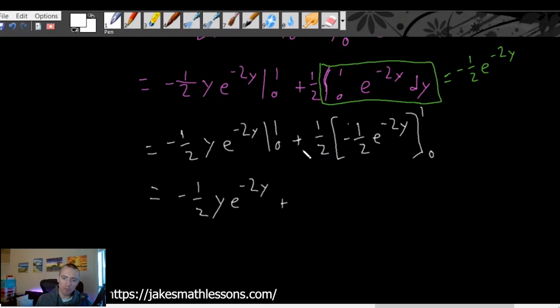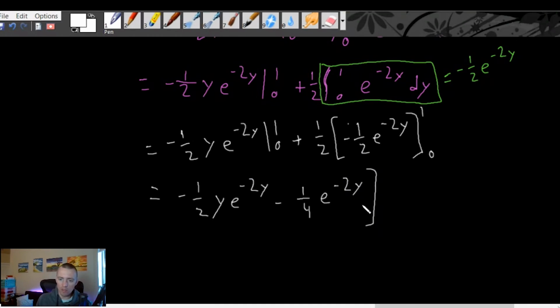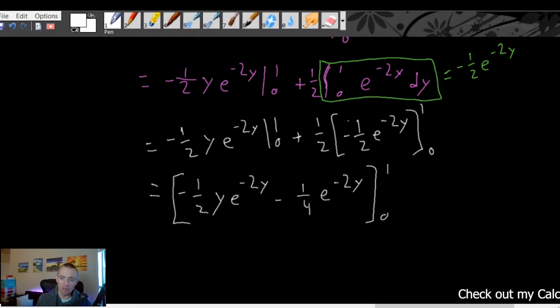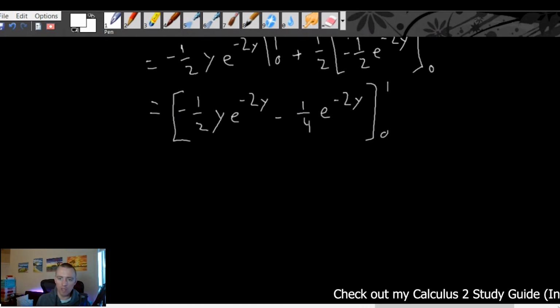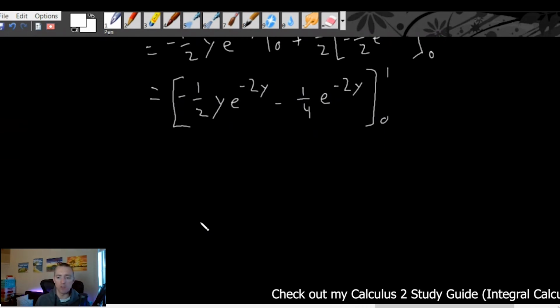The positive 1/2 times negative 1/2 is actually going to give us negative 1/4. And then e to the negative 2y. And this whole thing, we need parentheses around the whole thing now, is being evaluated from 0 to 1. Because each half before was being evaluated from 0 to 1. We can combine that. If you play it out step by step, you would find that you'd get the exact same number.